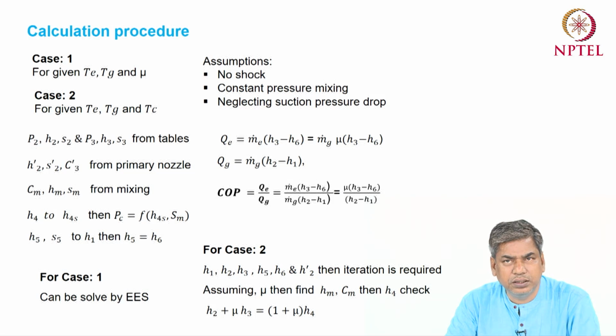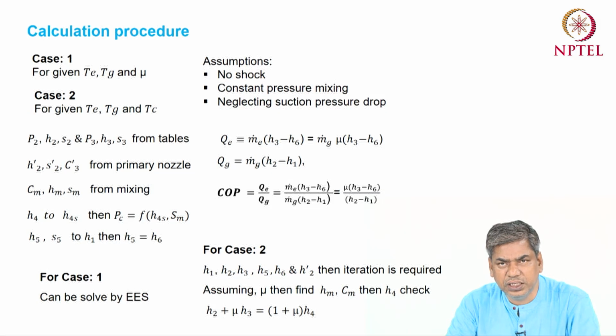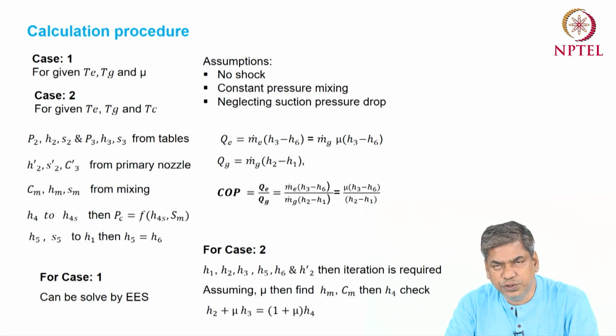So, these are some terminology differences with respect to the previous slides. Here, basically, 2 dash and C3 dash are the outlet condition of the primary nozzle. Okay. Then after the mixing, let us say the condition is M. So Cm, Hm and Sm are the conditions after the mixing.